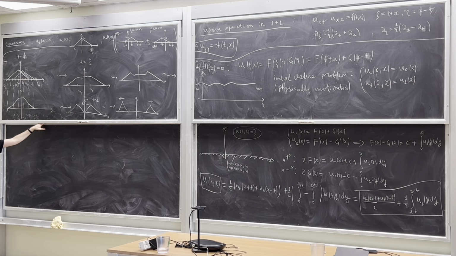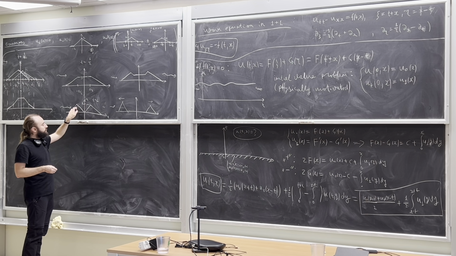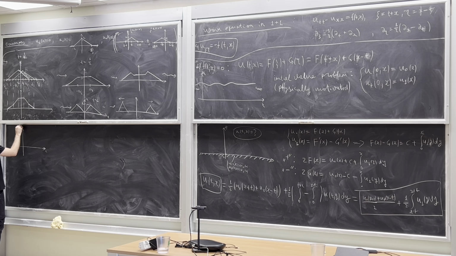And if you draw this on the x-t plane, if you track the positions of these discontinuities in the first derivative, then this picture will look like this. This is x, and this is t.